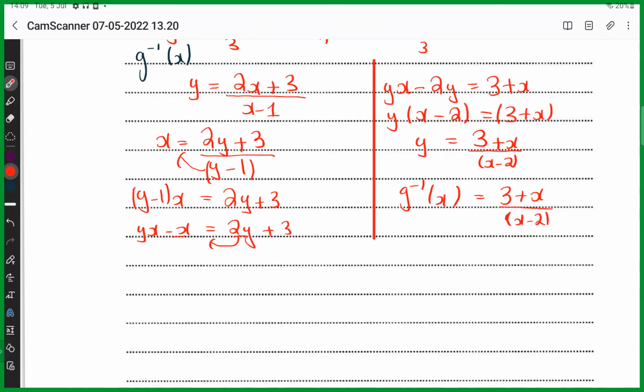Every time I would be taking the denominator on the other side like this step. I've simplified, then I have taken 2y on the other side and minus x on the other side. Then I took y common and I was able to make y the subject, and I was done. Lastly, please make sure that you write down g inverse of x instead of y, and this is going to be the answer. Any confusions with finding the inverse of g of x?